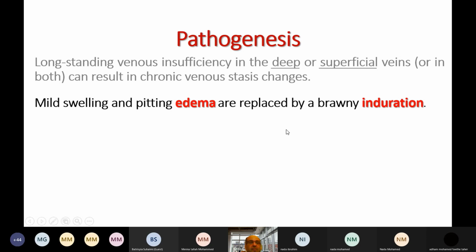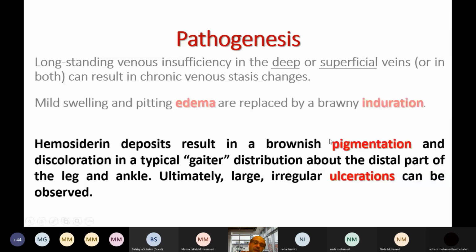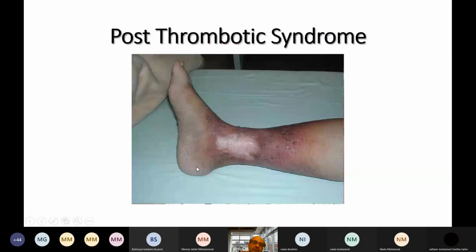What escapes could be fibrinogen, resulting in fibrosis of the subcutaneous area. RBCs could escape and rupture, resulting in escape of hemosiderin, resulting in black discoloration of the skin and pigmentation.